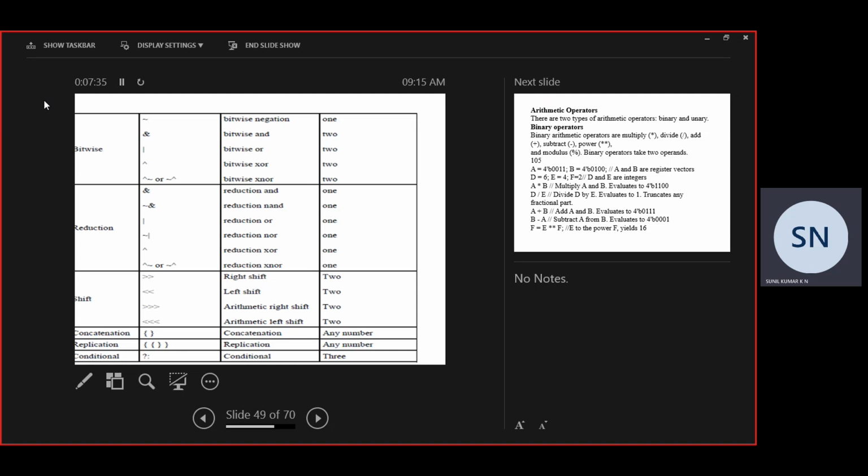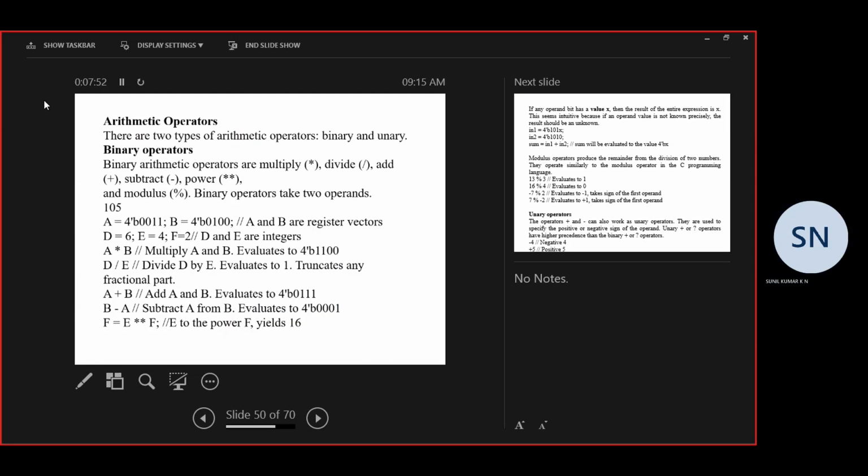And the last one is the conditional operator, which requires three operands. For all these other operators we require two operands or one operand, but this one has three operands. So it is the ternary operator. Using these symbols, you can illustrate with an example.